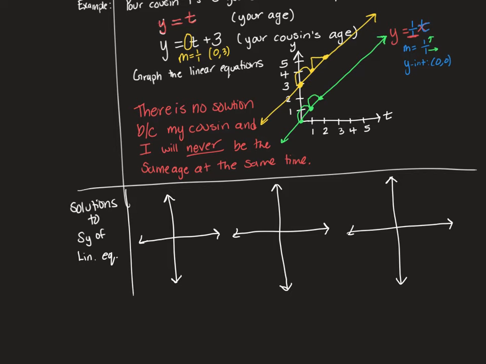Cool. So if we have intersecting lines like this and like this, what type of solution is this when we have an intersection of 2 lines? How many solutions does this graph have? You can tell me in the chat. How many solutions does this graph have?